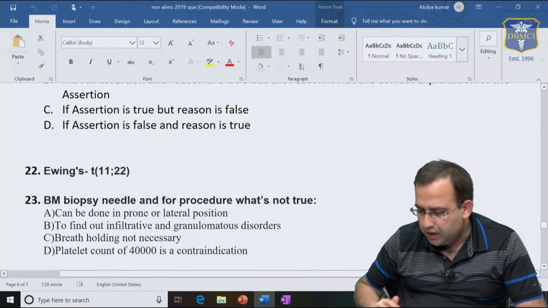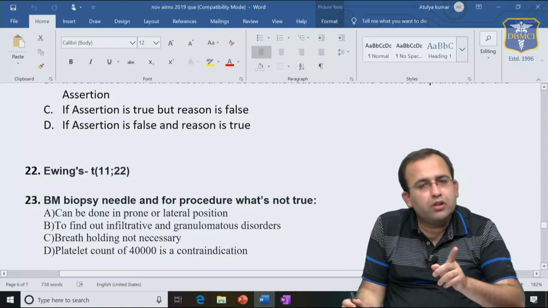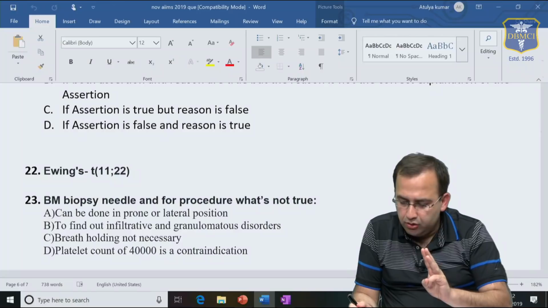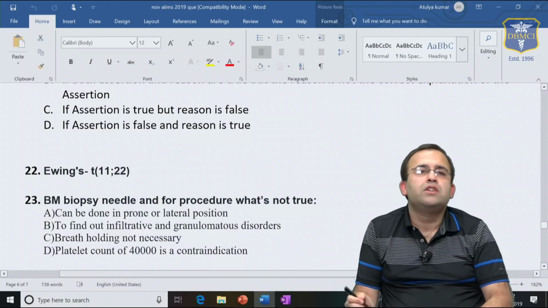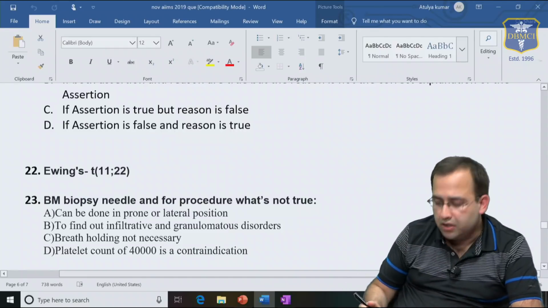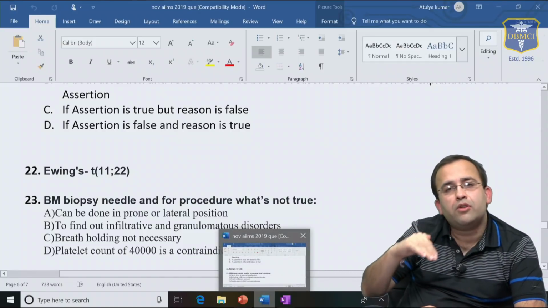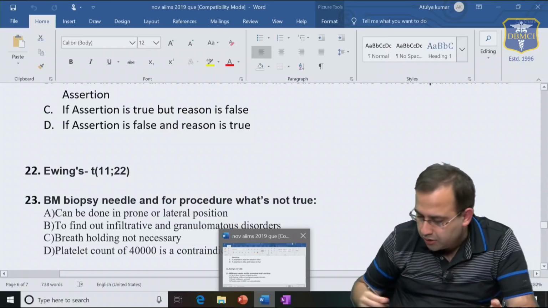Next, this gets us to question 23. Bone marrow biopsy needle and procedure, what's not true? Can be done in prone or lateral position? Agreed. To find out infiltrative granulomatous disease? Agreed. Breath holding? Not necessary. Agreed. Platelet count less than 40,000 is a contraindication. No, bache. Platelet count of less than 40,000 is not a contraindication. On the other hand, if the platelet count is very low, bone marrow aspirate and biopsy are performed to see the causes.